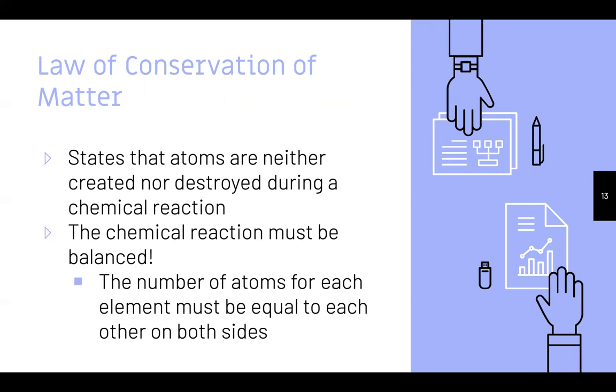And the number of atoms for each element must equal each other on both sides, like I was saying. One of the key things you should take away from this presentation is that second bullet point, saying that the chemical reaction must be balanced because the left-hand side must equal the right-hand side.